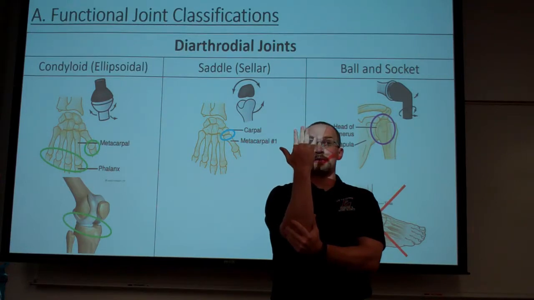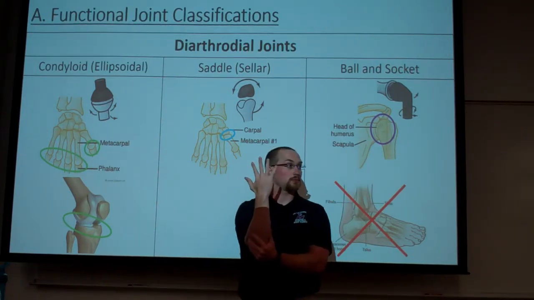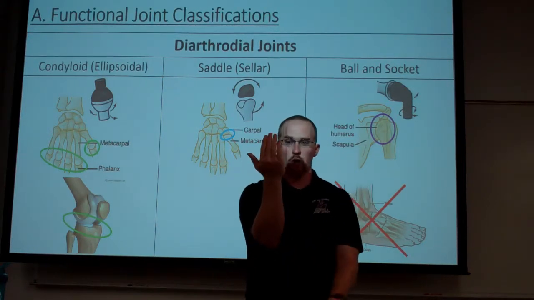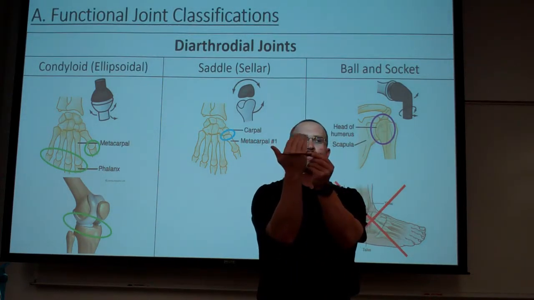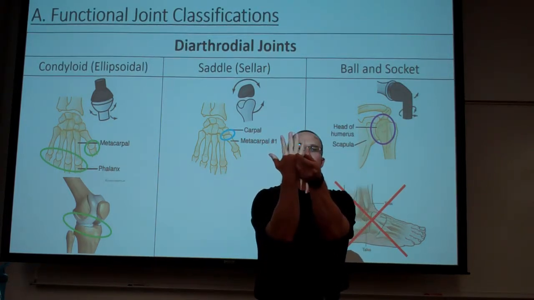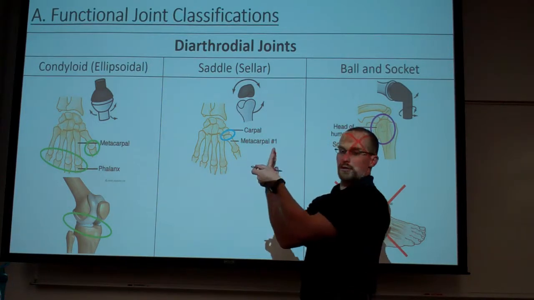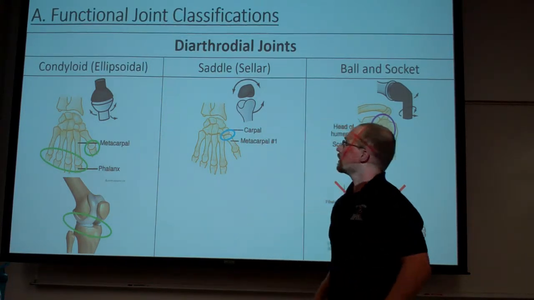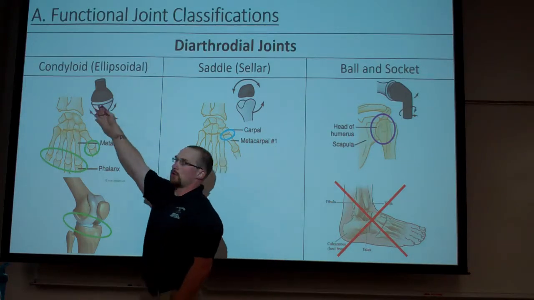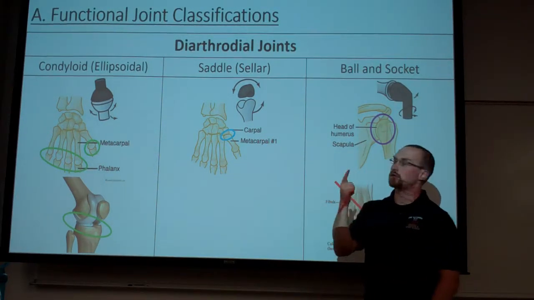But this is happening in the frontal plane. Going like this is one axis of rotation. When I'm going apart, the axis of rotation is going this way. So that's a condyloid joint. Two axes of rotation, so biaxial, two planes of movement.